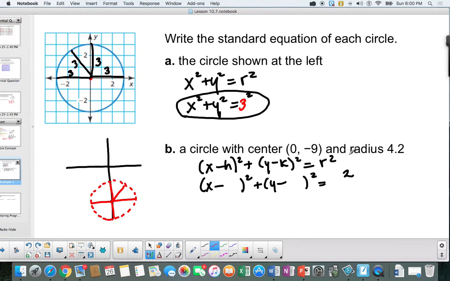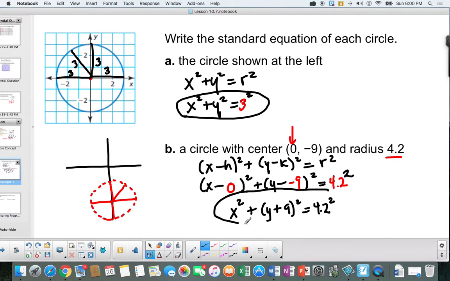And then I'm going to put my radius of 4.2 squared, and my h will be 0, and my k will be negative 9. Let's clean up the format. Since this is subtracting 0, I'm just going to say x squared, and two negatives in a row mean (y plus 9) squared is equal to 4.2 squared, and we'll just leave it that way. And that's what we call the equation of the circle.